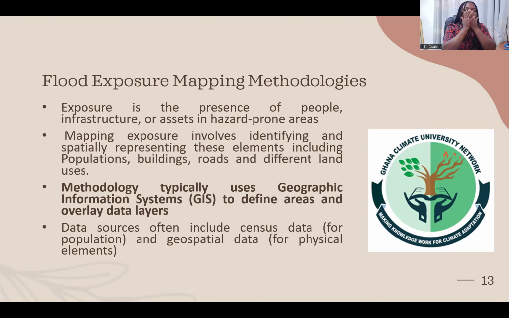So we have a pictorial idea of the spatial location of some of these elements that we are talking about. Most of the time, in terms of mapping flood exposure, the methodology mostly utilized is just the use of GIS, right, to define areas and then overlay the data layers. So for the data layers, we can look at just population, we can also look at just the infrastructure, and then just the economic activities.